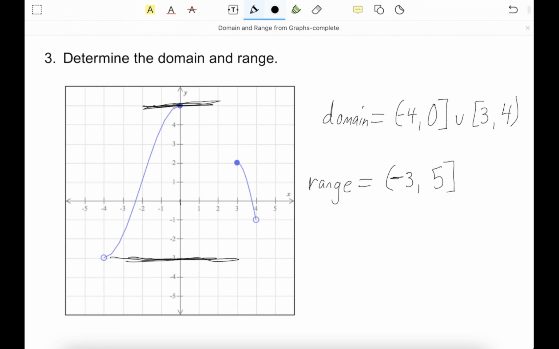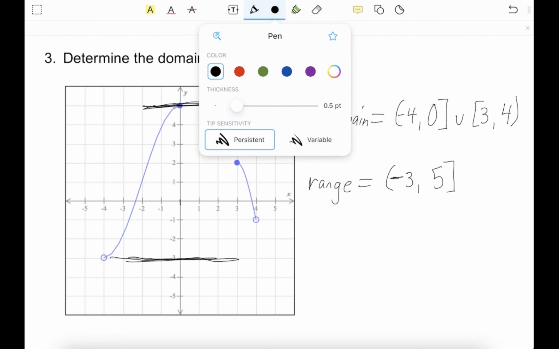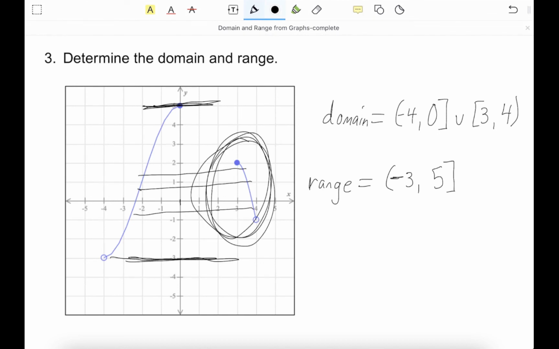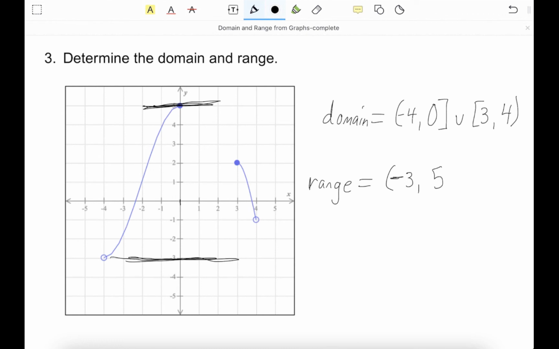And be careful with this one. Because there's overlap here, we don't have to describe the range of this little piece. So that's included in the range of this piece, so we don't have to write it separately.